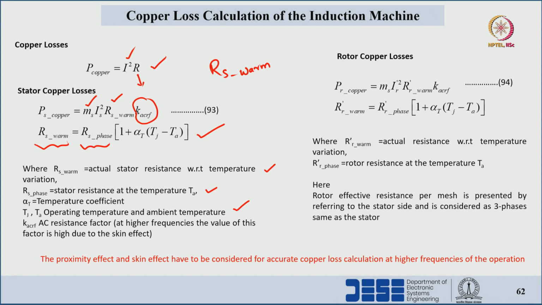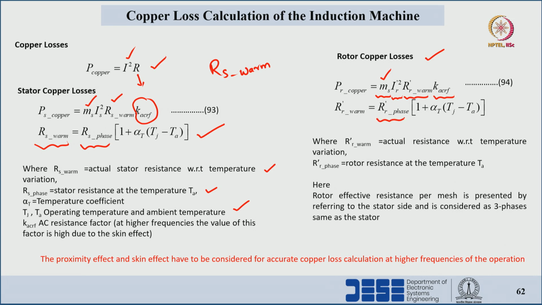Similarly, the rotor copper loss can be calculated based upon the same equation, I square into R, but here we are considering the rotor resistance referred to the stator side and the rotor current referred to the stator side. Because of that, we can directly use MS, that is 3 phases, since the stator number of phases and rotor number of phases are equal, into IR square and the rotor resistance at the operating temperature and AC resistance factor.